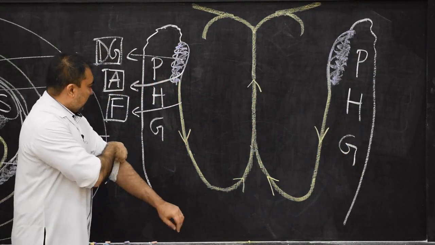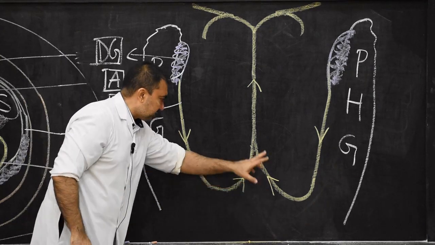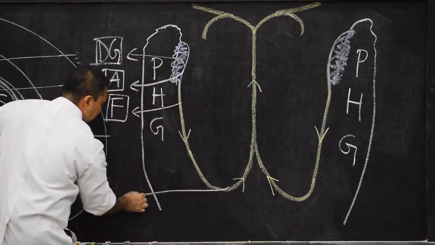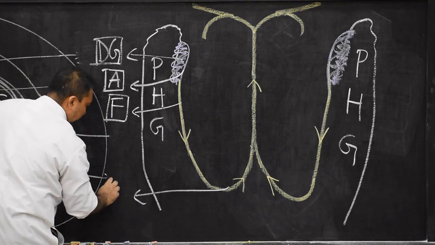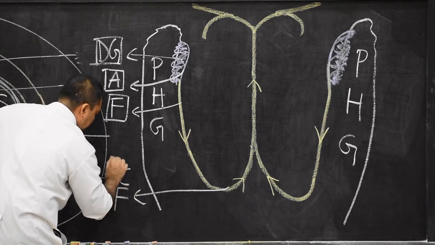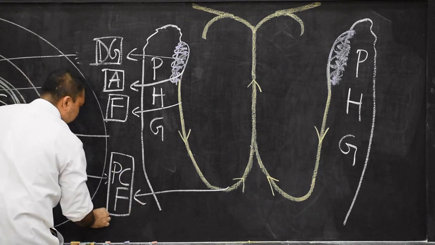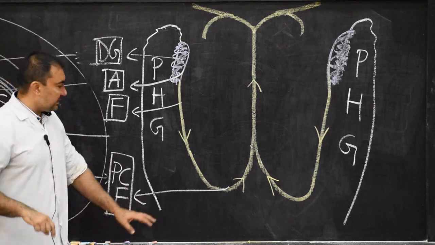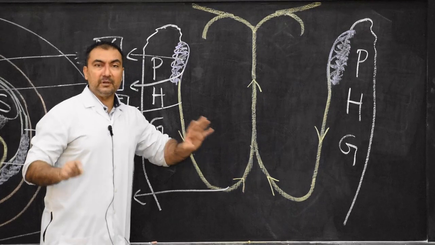Now here this fimbria will continue posteriorly as, and we mark this as very important, the posterior columns of fornix. Together they are called crura of fornix.